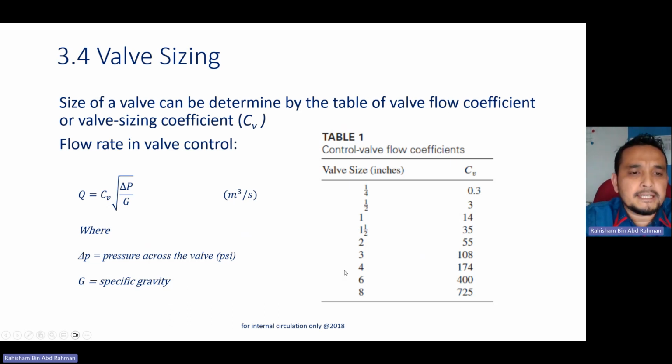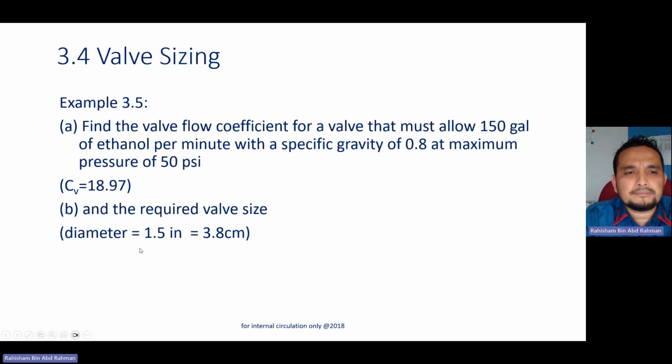So we have the formula here. Q equal to CV, where CV is the coefficient of valve, times the square root of delta P, the pressure difference, divided by G, the specific gravity. So this is the formula. This is a simplified example.